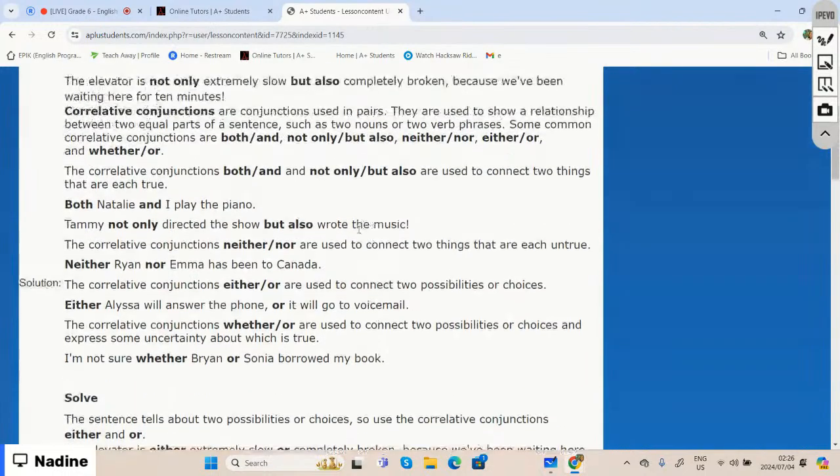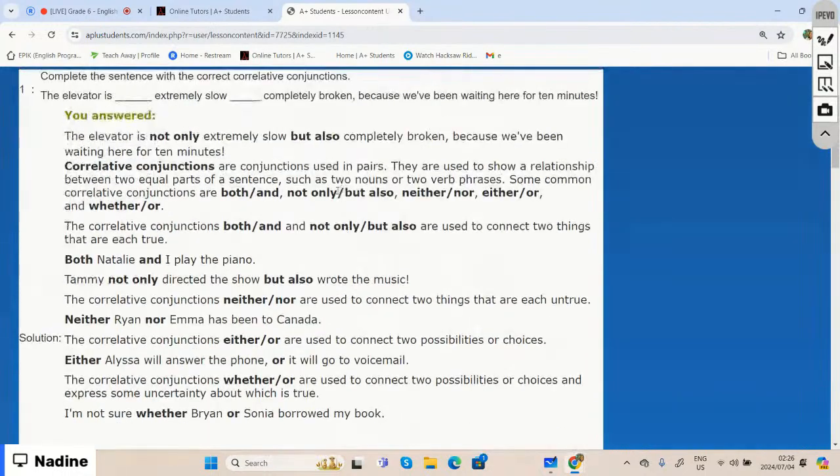Whereas this person said that it is not only extremely slow, but also completely broken. That just sounds the same.